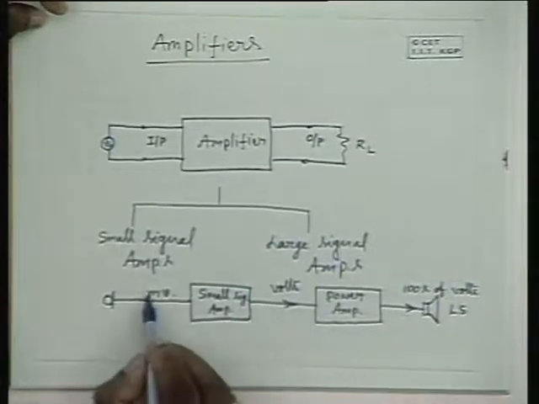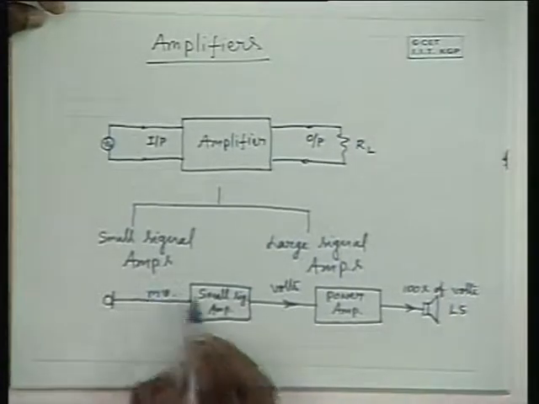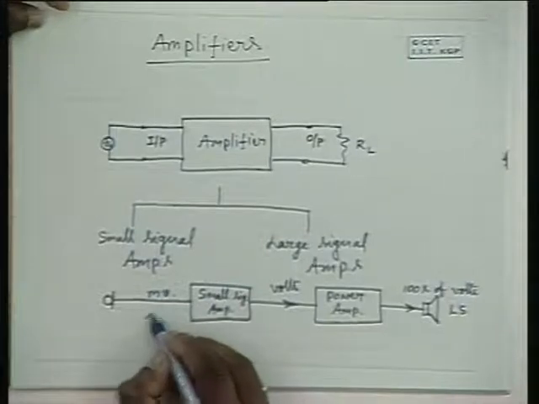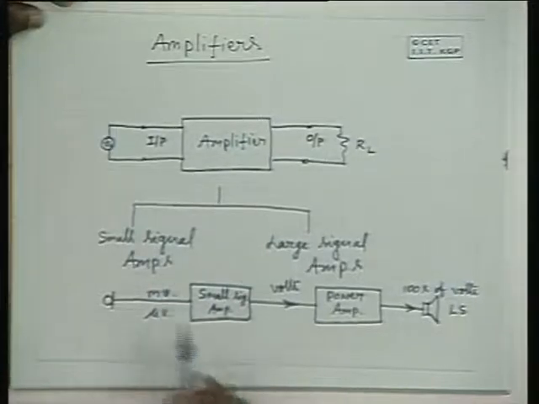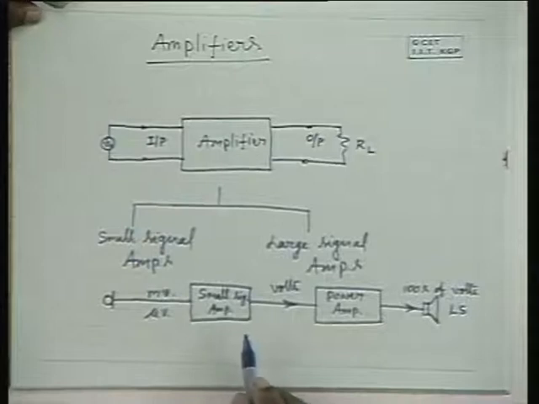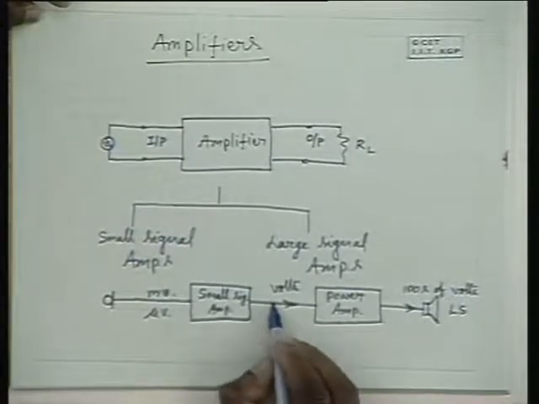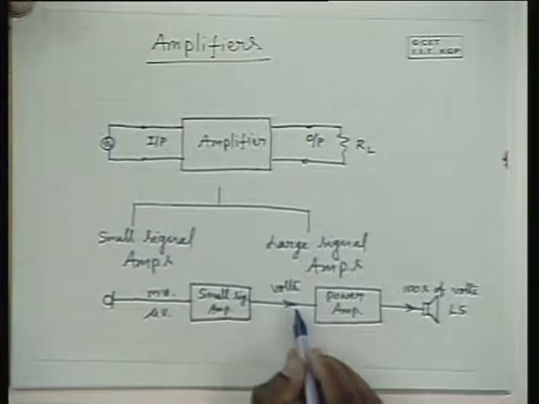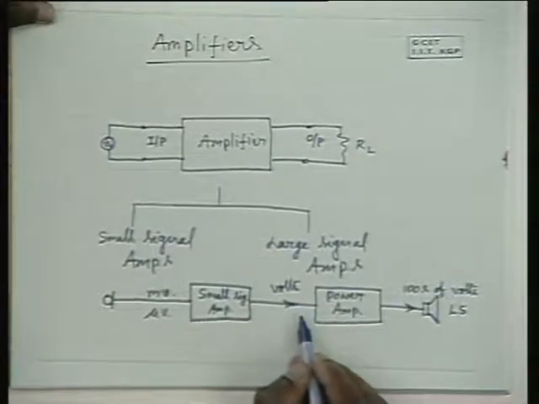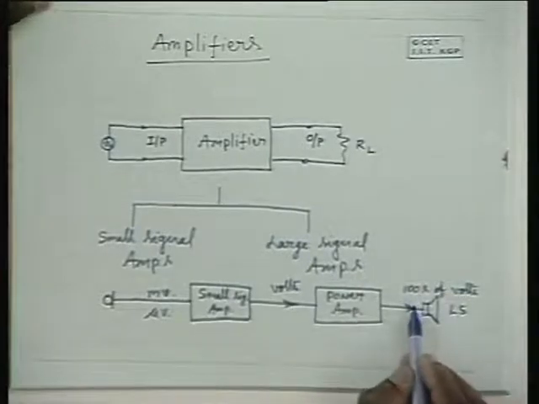As I mentioned here, small signal amplifiers take signals which are of the order of millivolts and microvolts and give sufficiently high outputs, whereas the large signal amplifiers use volts or tens of volts at its input, and give you a much higher voltage at its output. I am referring to the alternating signals, not the DC supply.